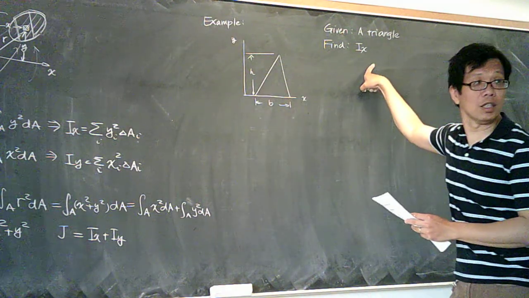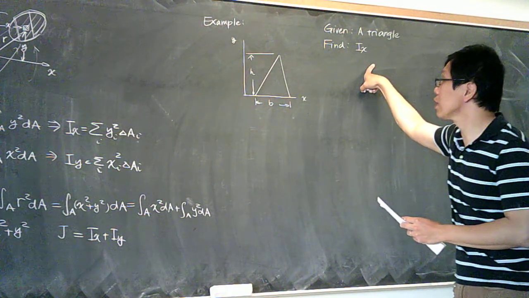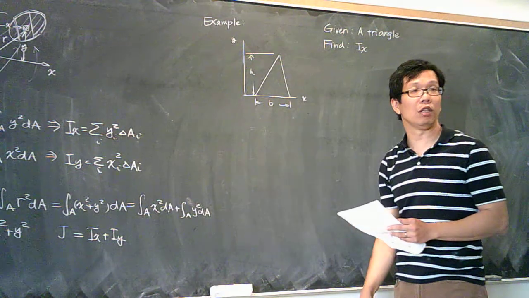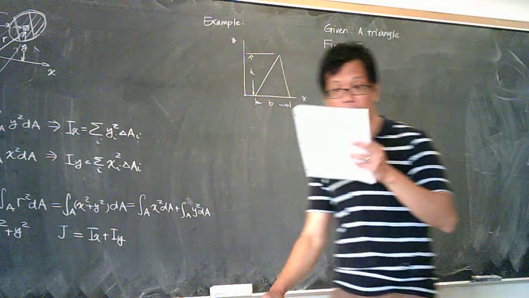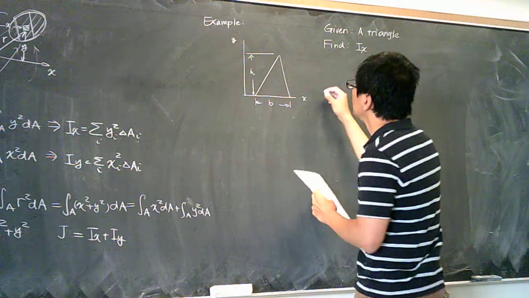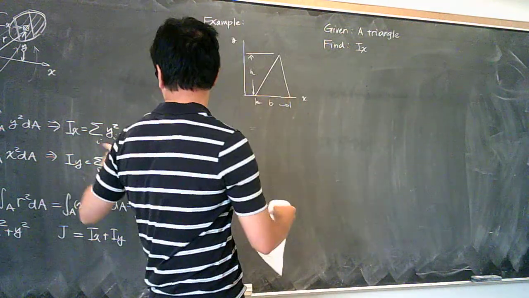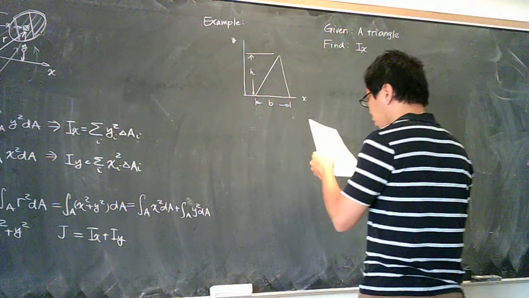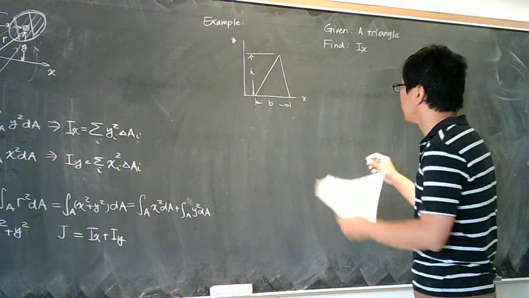So I'm now finding Ix. But in this case we are dealing with a continuous object, so we need to use the integration method to come up with the answer. How are we going to find the formula that we can use for the integration? That's the first thing we need to know before we start the integration.